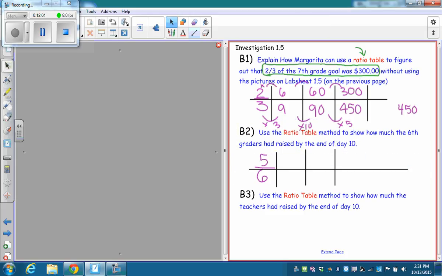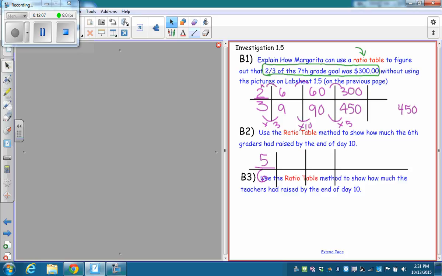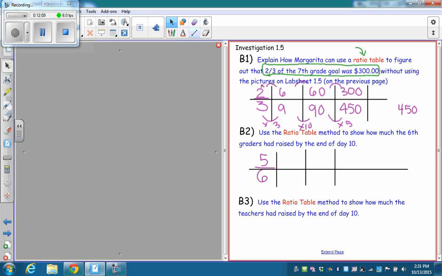I'm going to try to, hey, my board's not cooperating. I'm going to try to get a 300 down here. Help me do that. How about get 6 to 30? Times by 5, and you would get 30 and what on the top? 25.